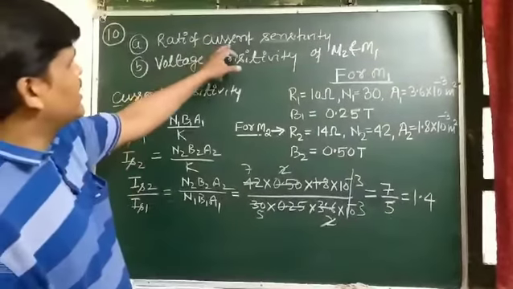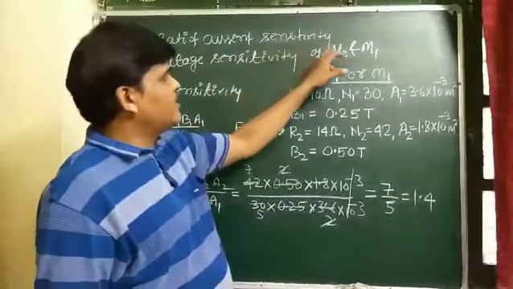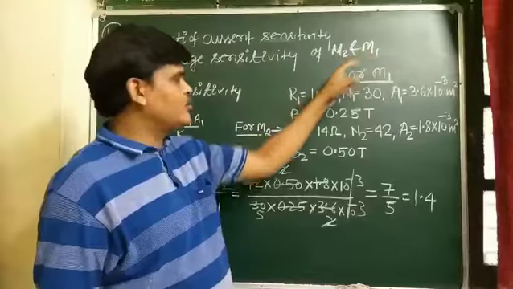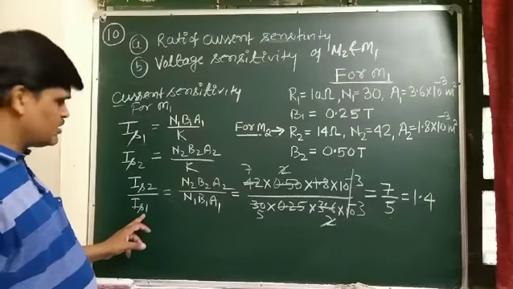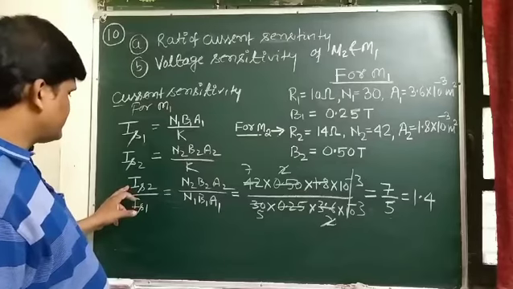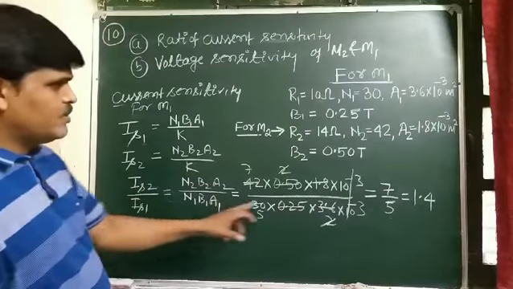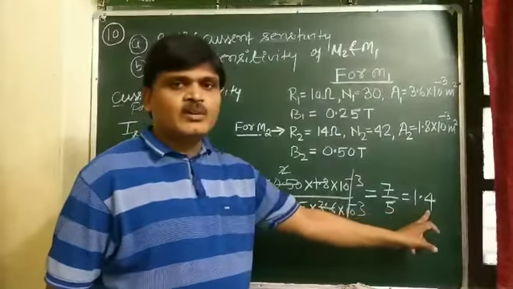So the ratio of current sensitivity for M2 and M1, IS2 by IS1, comes out to be 1.4.